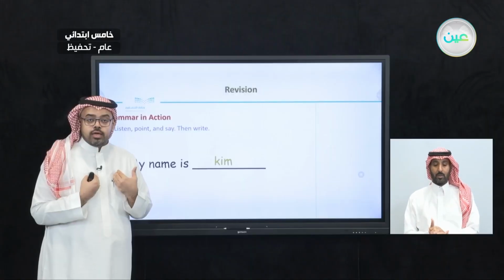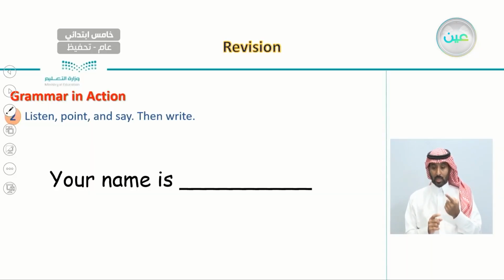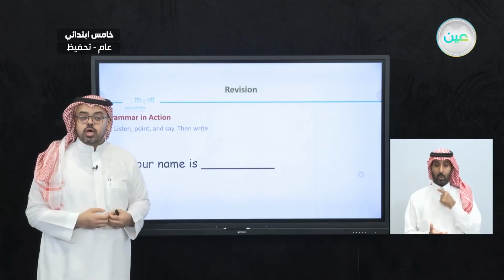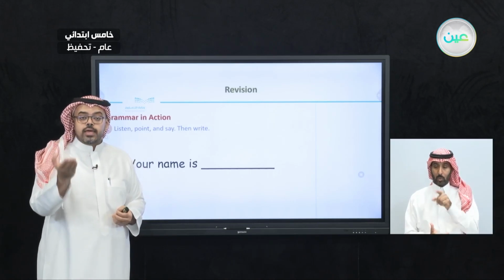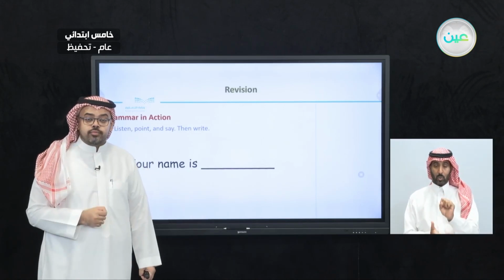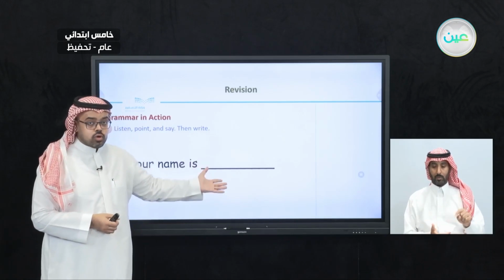My name is. Also, the second sentence, your name is. And we use your when you're talking to your partner, like I am talking to you now. Your name is. And here you can write down your name. If your name is Ali, you write down Ali or Noura.